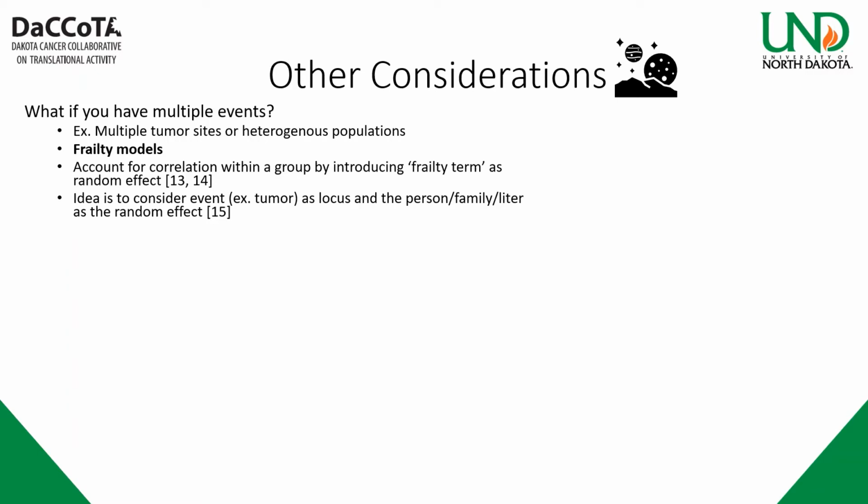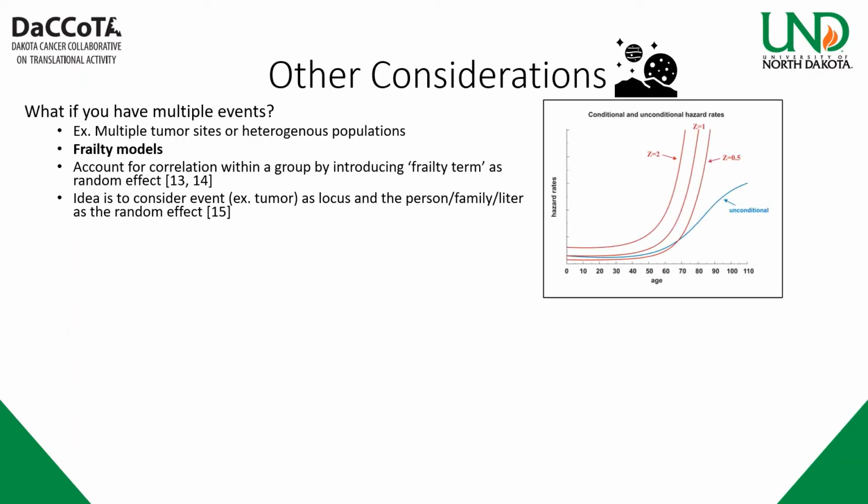This also works for heterogeneous populations, because then you could say that the random effect is the location, like county or school or whatever that is. And so you can detect things with hazard rates by adding this frailty term.